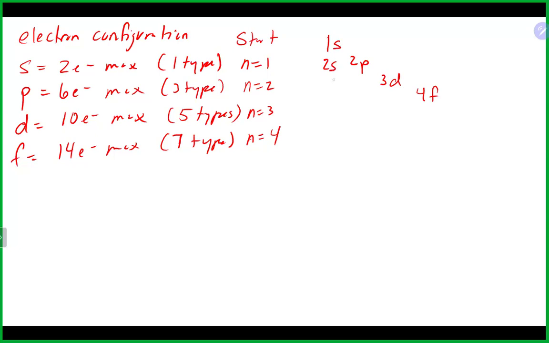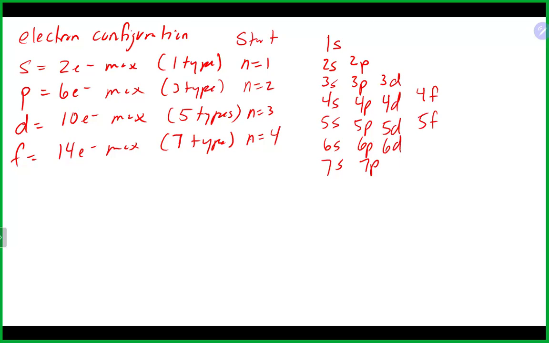So 2s, 3s, 4s, 5s, 6s, 7s, 2p, 3p, 4p, 5p, 6p, 7p, 3d, 4d, 5d, 4f, 5f in this case. And there you go. Remember that we always start this way and then keep coming through the arrows, and that gets you your order here.